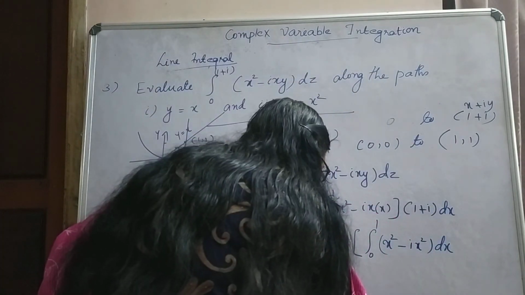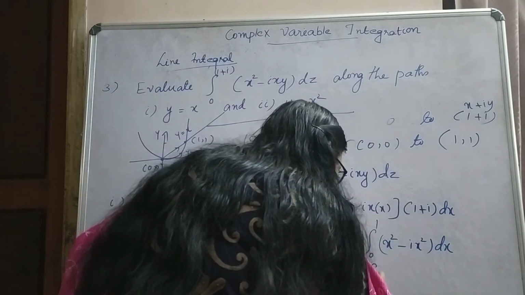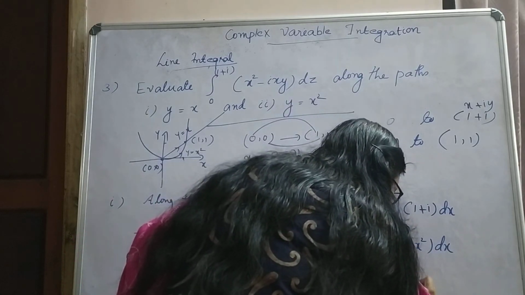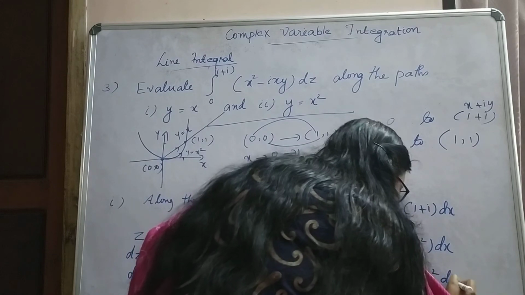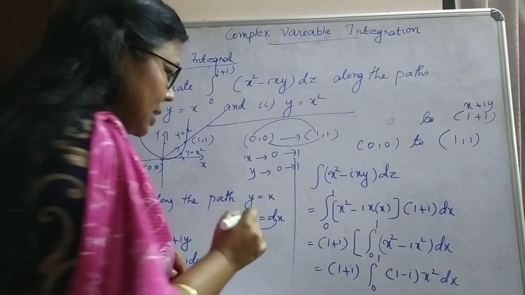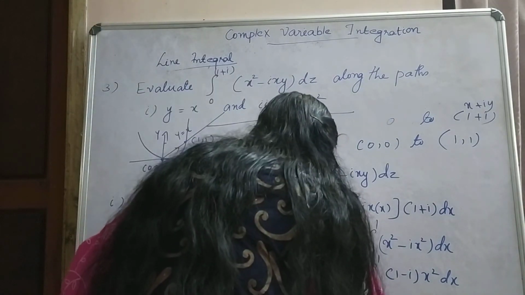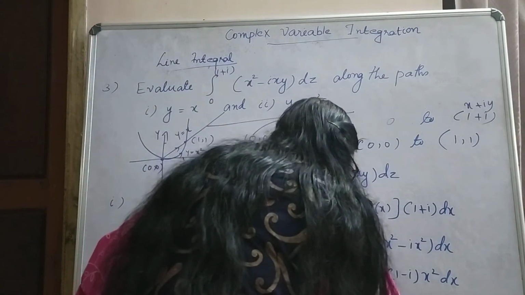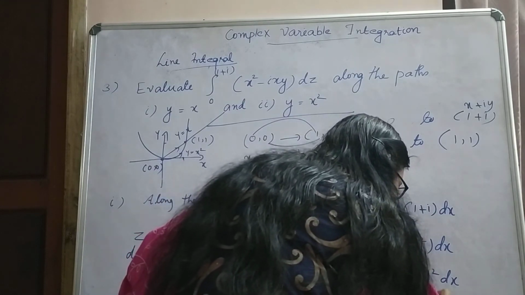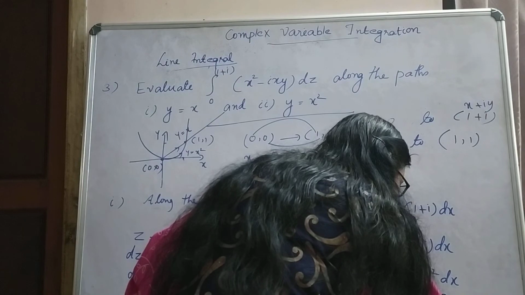Here it is 1 plus i, integral 0 to 1. Here x square can be taken outside, which is 1 minus i times x square dx. This 1 minus i can be taken outside since it is a constant. So 1 plus i into 1 minus i, then integral of x square is x cube by 3, limit 0 to 1.